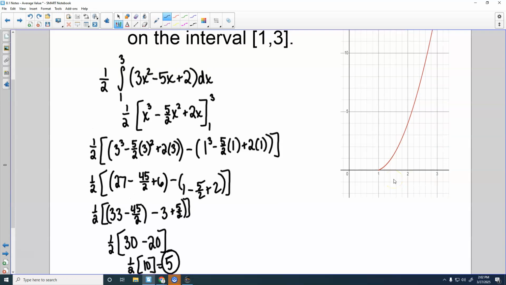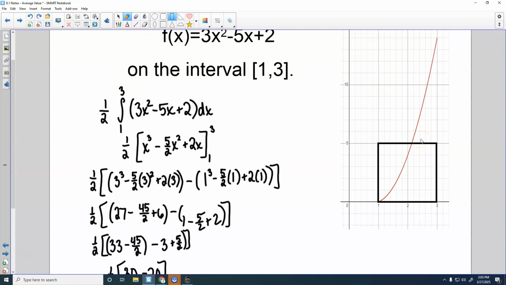And so what that should mean is that if I have a rectangle that has a height of 5 and a width of 2 right here, the area of that rectangle should be the same as the area underneath this curve right here.